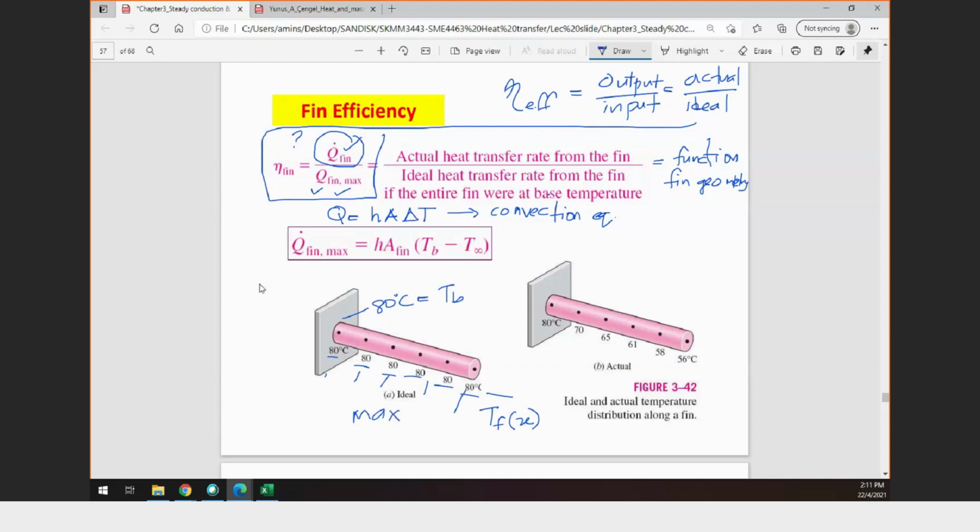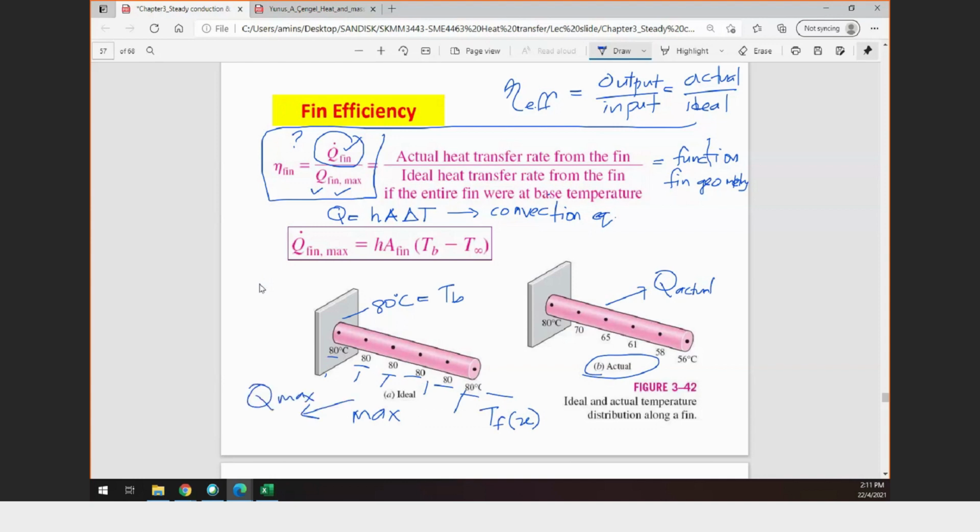But in actual conditions, you will get a temperature like this. The temperature will be reduced as the location gets farther from the base. If we can get this temperature, we can get Q actual. But if we use the same temperature as the base temperature, this is Q maximum.